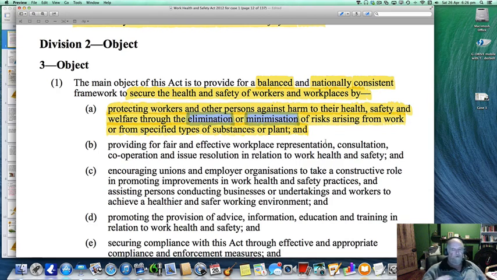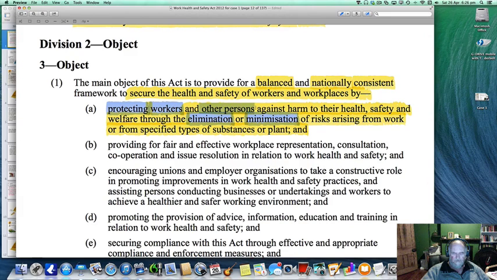Now, very important, that's really the crux of a lot of the important part of the Act itself. It says what you've got to do first up, and this is your duty. This is the object of the Act, this is why we have the Act. Why do we have it? Well, the whole idea is protecting workers and other persons.